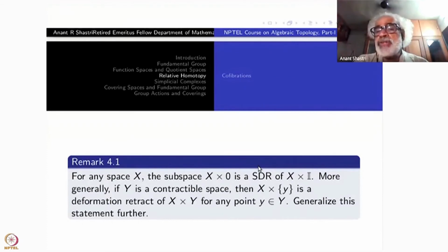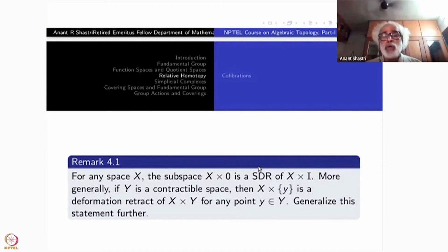You can take X cross t naught, then push the entire interval above each point x to the single point (x, t naught). So it is easy to see that the inclusion of X inside X cross I is a strong deformation retract of X cross I.